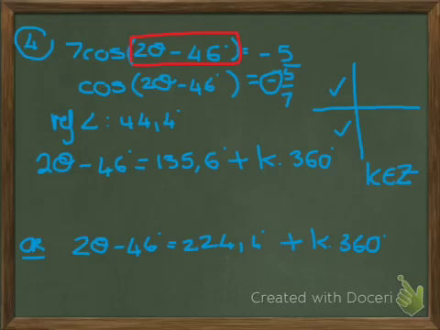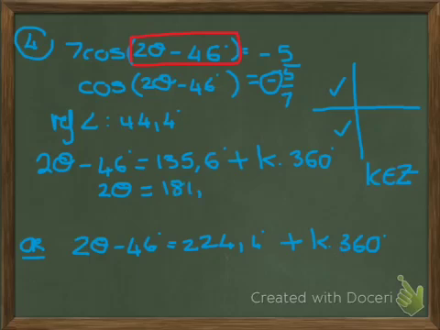All right. Now I'm going to go back and just solve for theta up here. Obviously, it's like you're solving a general grade 8 equation. So you want to move that 46 across. So 2 theta. And now when I move that minus 46 across, I obviously have to add it. Now I'm going to add it to the 135,6 degrees. Otherwise, you can't add it to k360 because that would be adding unlike terms.